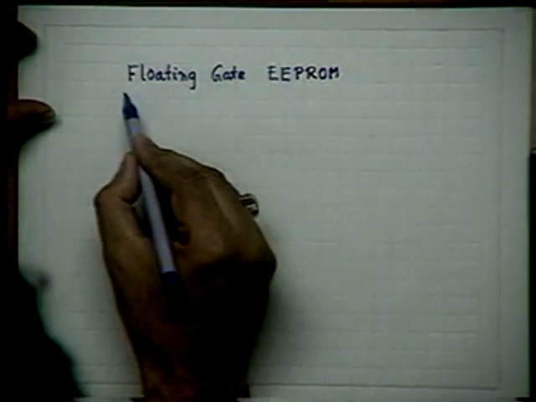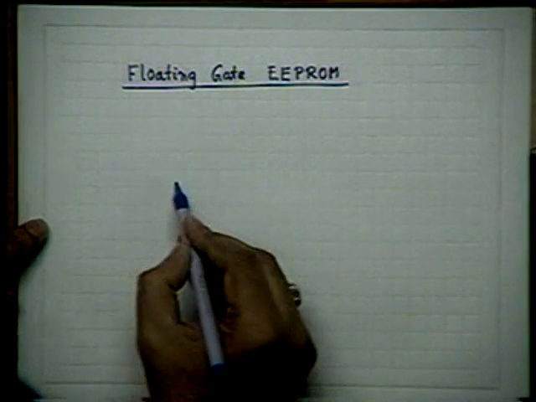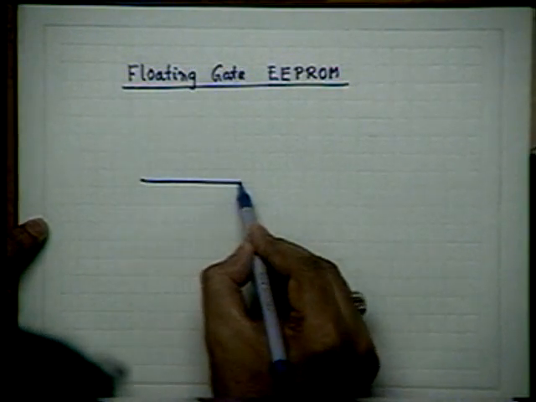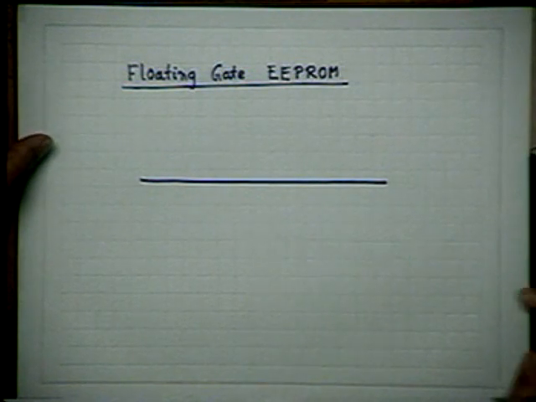So I am just showing only the device. Here, it is more or less similar to the first device, the FAMOS, but there are two gates. Let us see what it is.